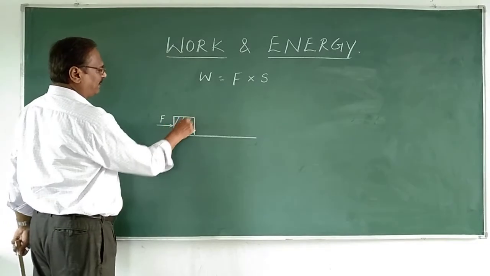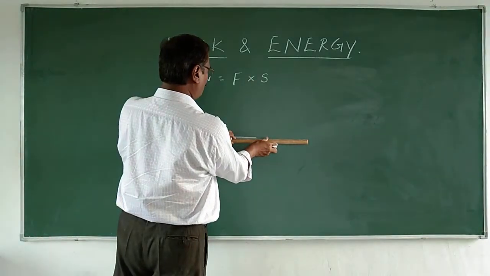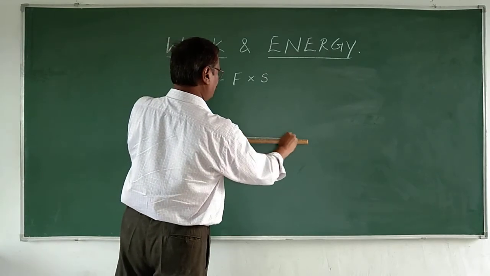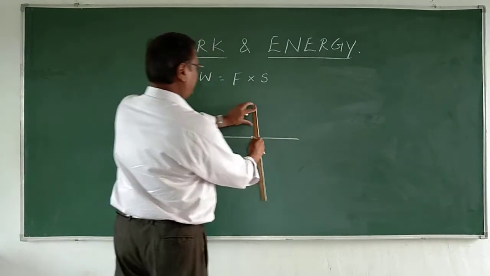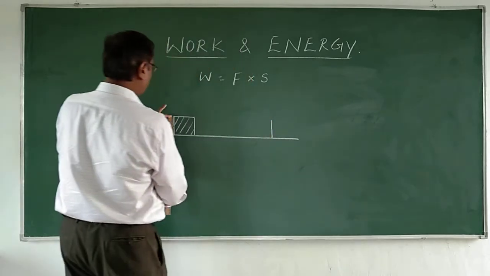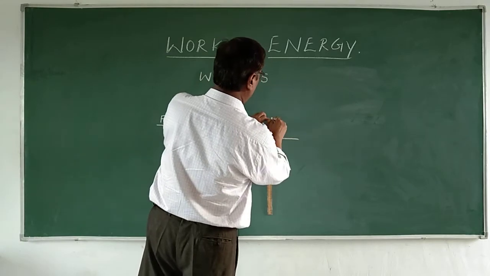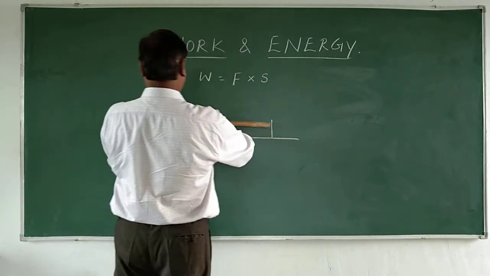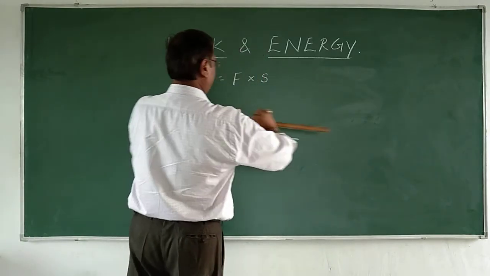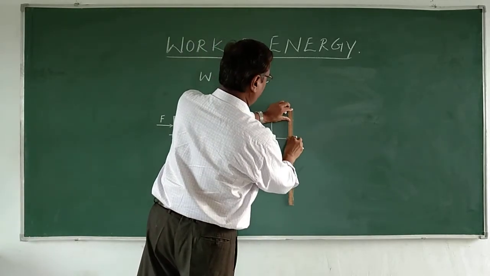When a force is applied, the body is going to move in a straight line, fine. And the body comes to this position, let us say. Let me draw a little bit with preciseness.